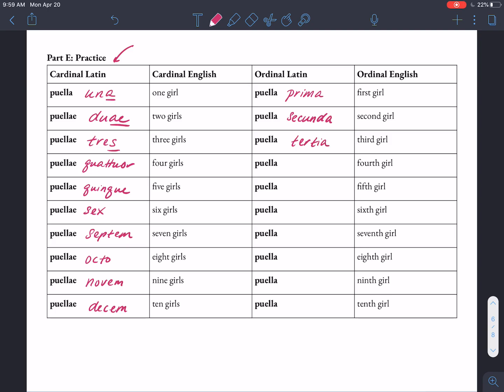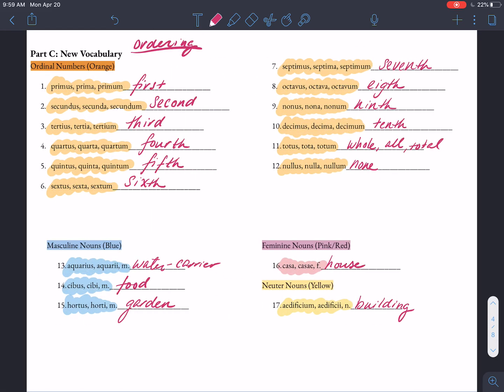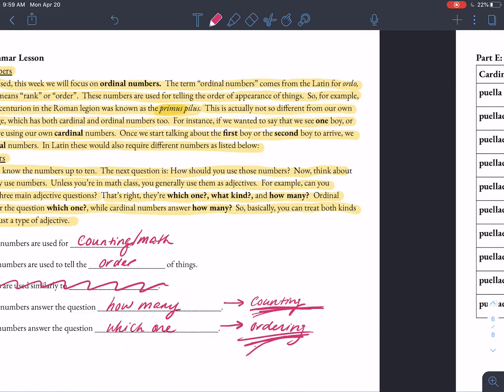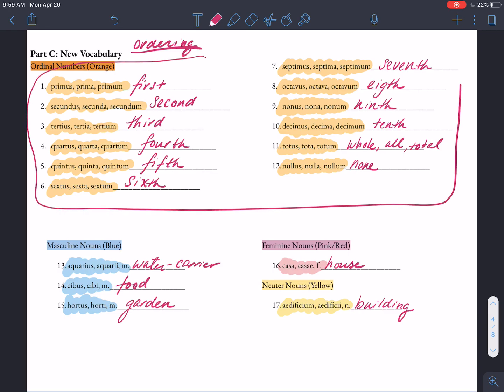To say the fourth girl, you'd say puella, oh goodness. You can always go back in. Quarta. And by the way, you guys should do that too. If you draw a blank and you forget something, you can always check back and look at our vocabulary, because I forgot the word for fourth for a minute.